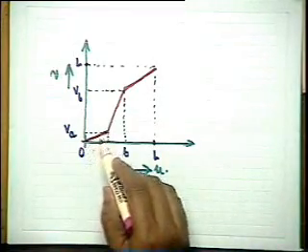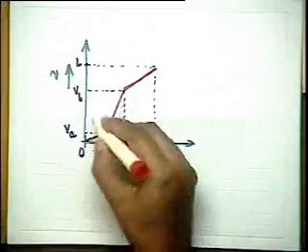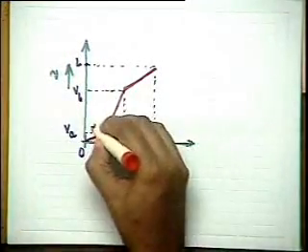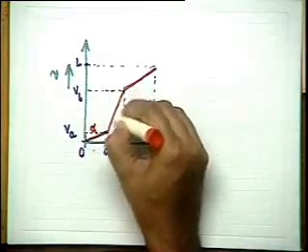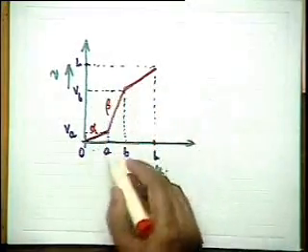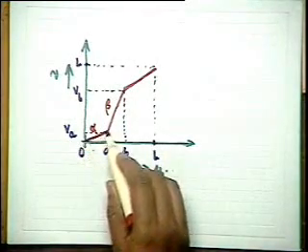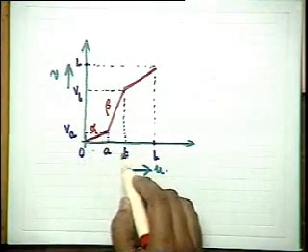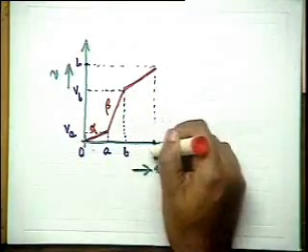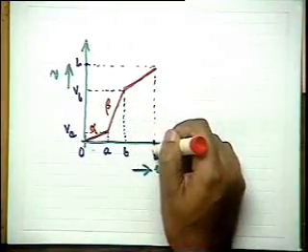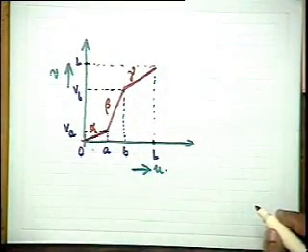For the first straight line, let me call the slope alpha. The straight line which is defined for 0 to A, the slope is alpha. The straight line which is defined for A to B, that is beta. And the straight line which is defined for the rest of the portion, B to L, I consider its slope as gamma.